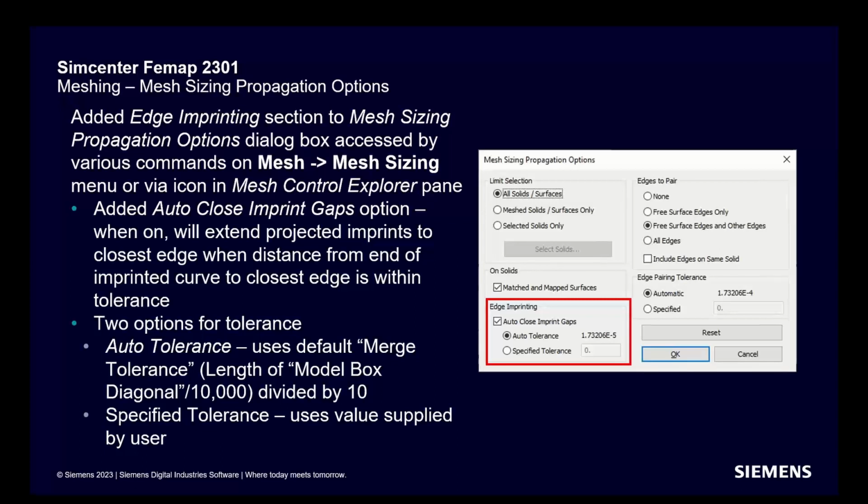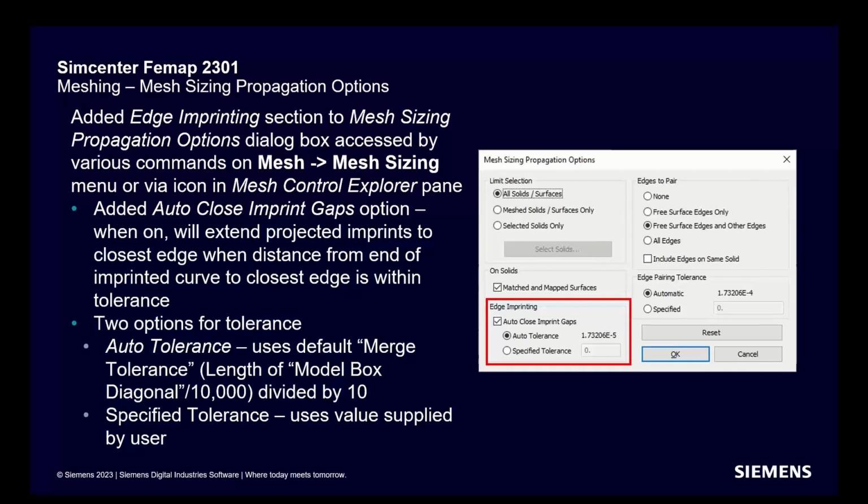So another improvement to the meshing capabilities of Femap is the edge imprinting option for the mesh sizing propagation options. Basically, what this will do is help close gaps.